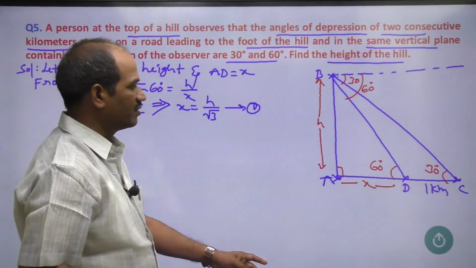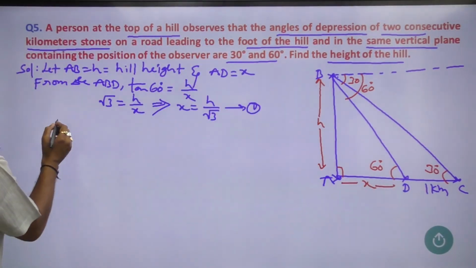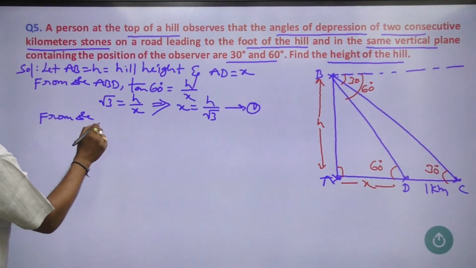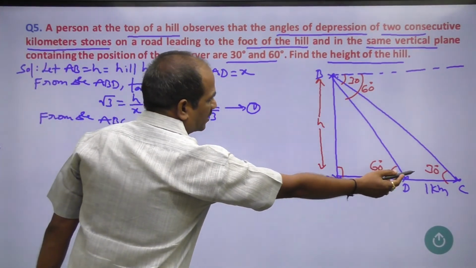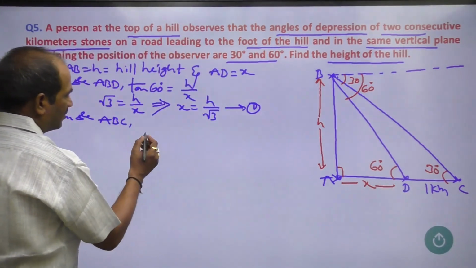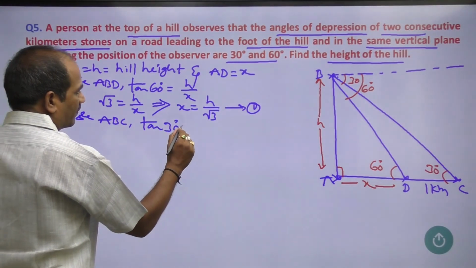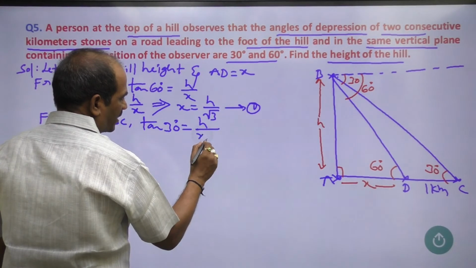Next, in the second triangle, from triangle ABC, tan 30 is equal to opposite side by adjacent side. The adjacent side is x plus 1. So tan 30 degrees is equal to h by x plus 1.